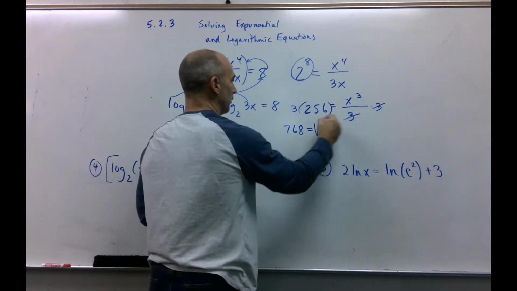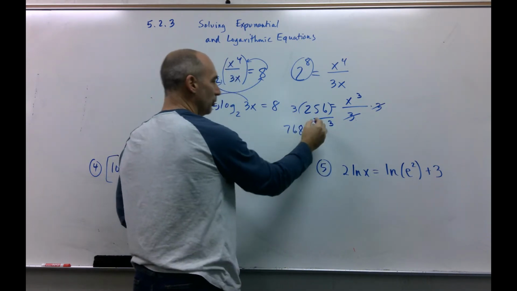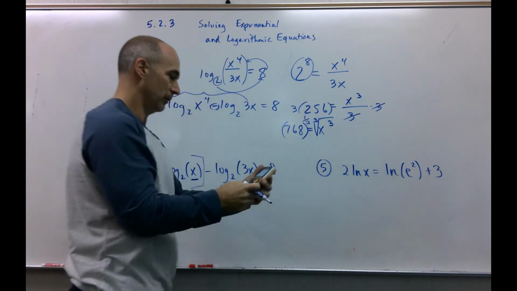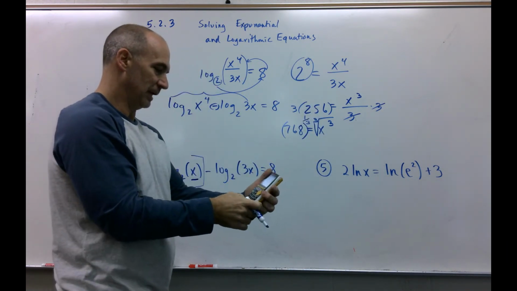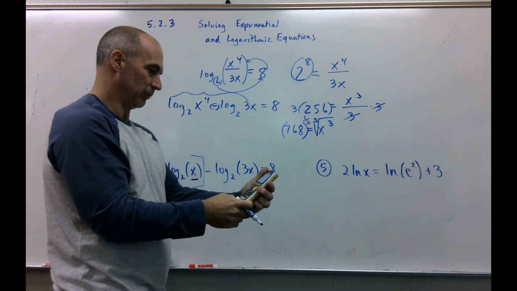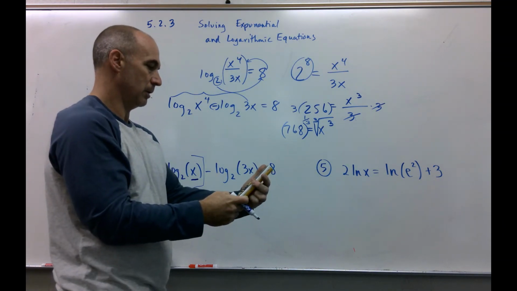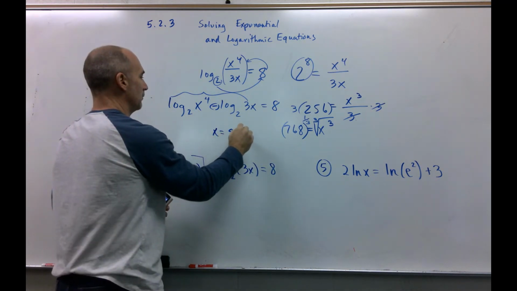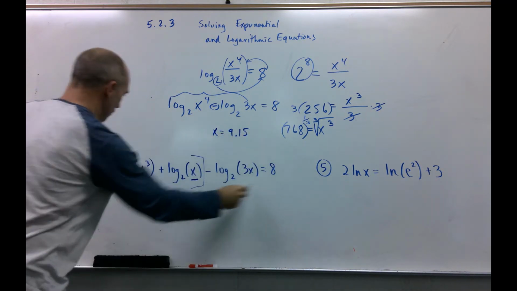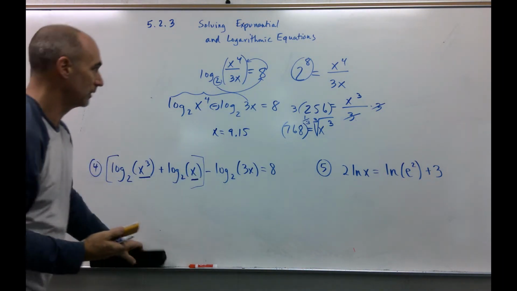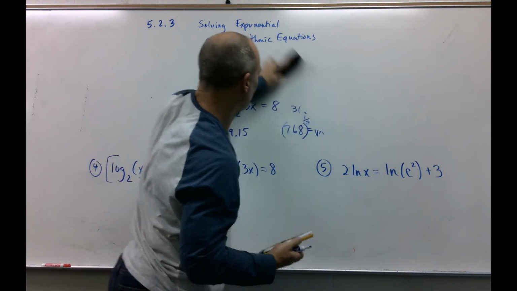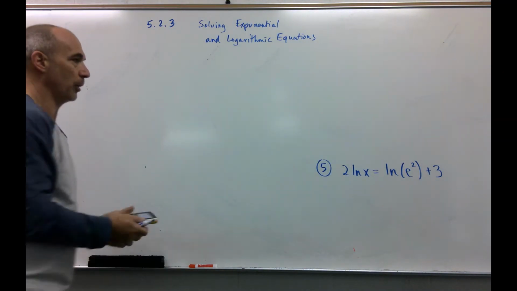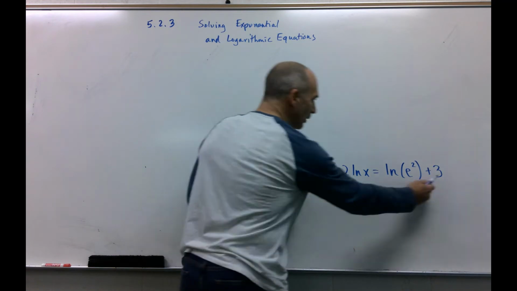Now I'm going to take the cubic root of this. Now the cubic root is the same thing as raising a power to the 1/3 power. So 768 raised to the 0.3333 power, 9.15. So I get x is 9.15 out of that crazy looking math problem. Again, we're going to need some space for this last one. It's not really the last one, we got a couple more, but all right, this one's kind of unique.